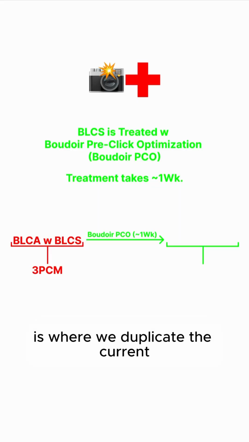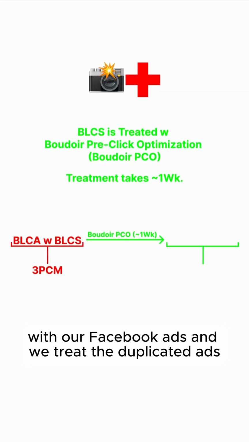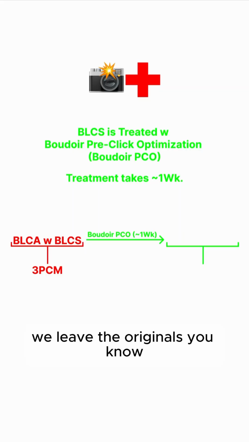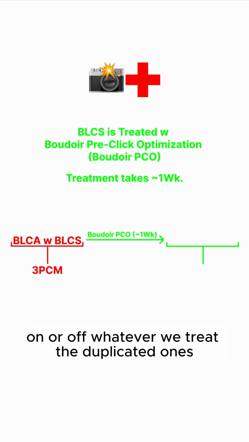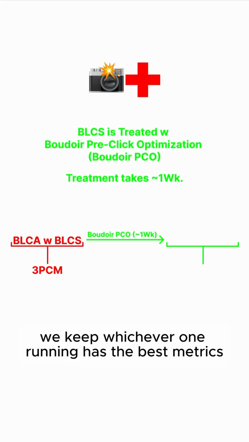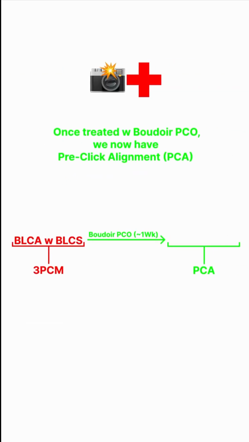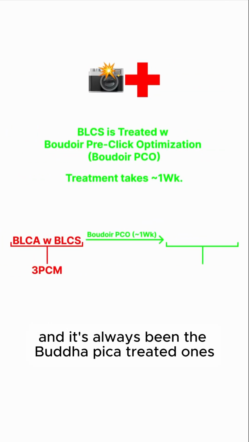This is where we duplicate the current boudoir Facebook ads and we treat the duplicated ads. We leave the originals on or off, whatever. At the end of the week, we keep whichever one running has the best metrics. And it's always been the boudoir Pico treated ones.